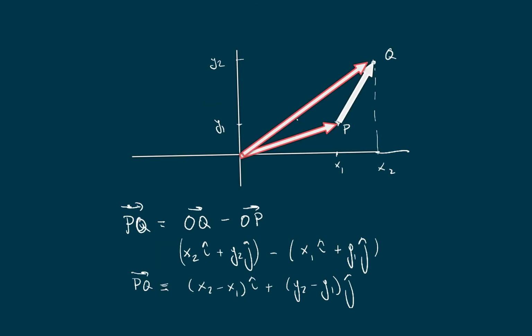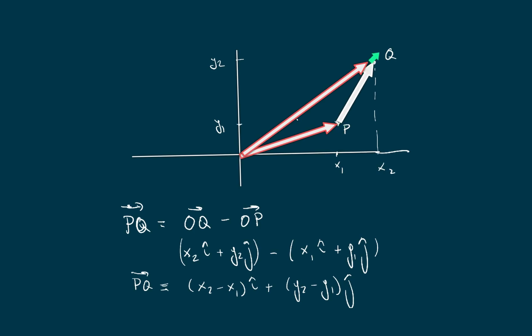So what we will do to do problems in these lessons is to find, given the point P, with coordinates x1, y1, and given Q, x2, y2, what is the vector that goes from P to Q?